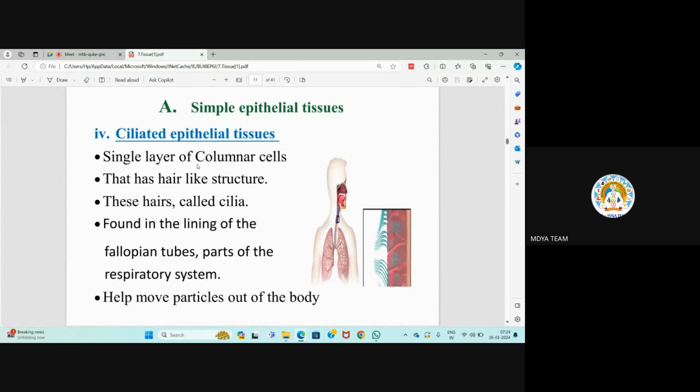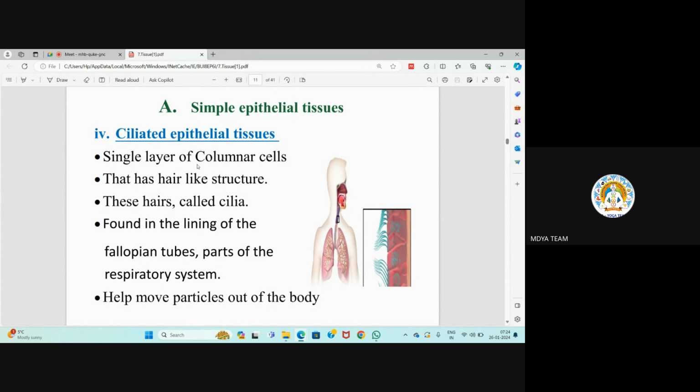Okay, ma'am, it is not found in the large intestine. In the large intestine, this finger-like projection or hair-like projection is not found. Any more confusion? No, ma'am. I find this small finger-like projection only in the small intestine.